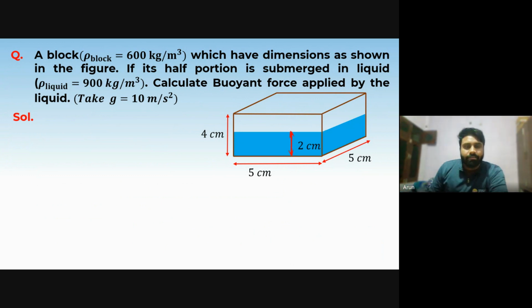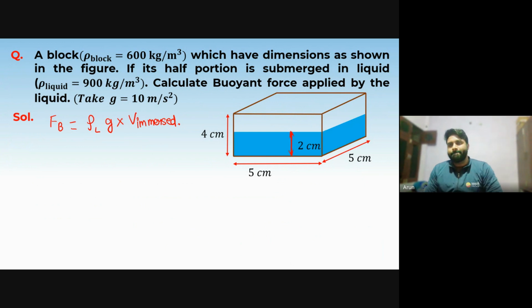Now we know that buoyant force is nothing but rho, the density of liquid, times gravity, times the volume of the body immersed. You can check that this much volume is being immersed.